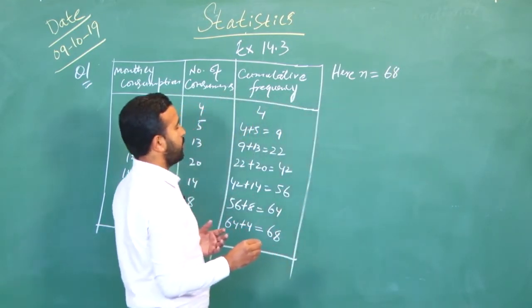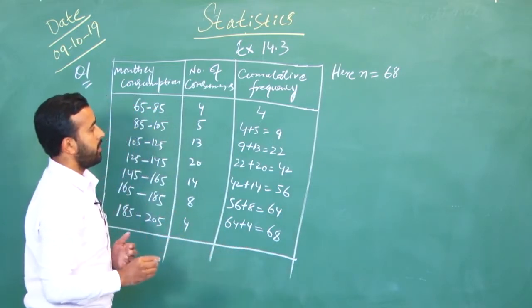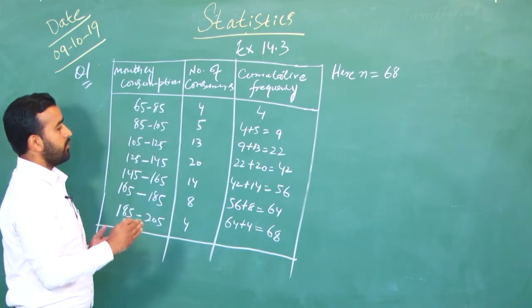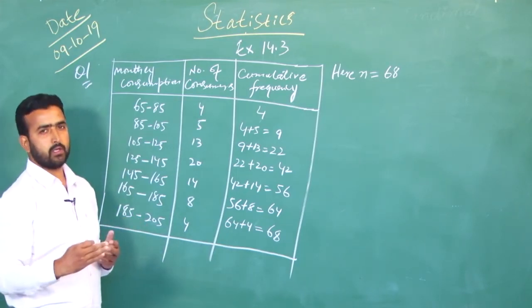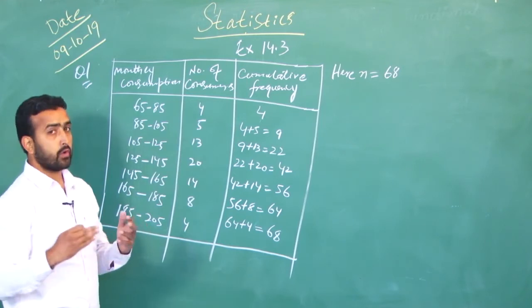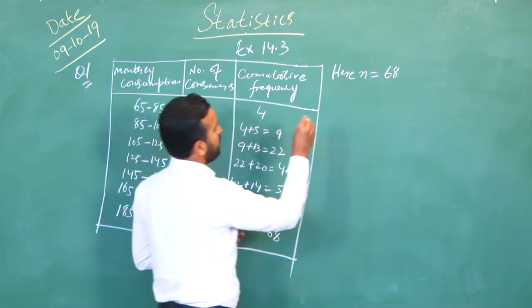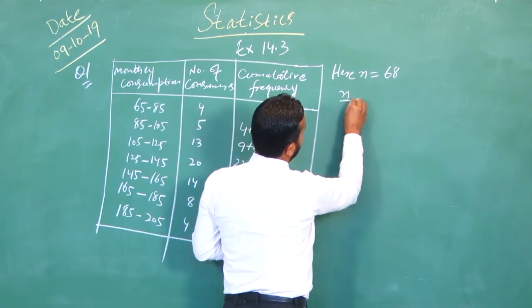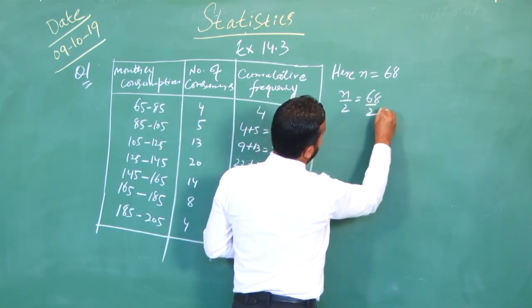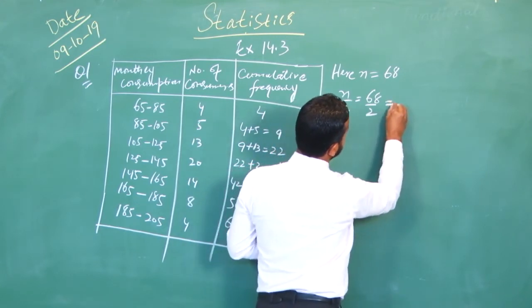As we discussed in the algorithm, we then calculate n by 2, because n by 2 will help us find the corresponding median class using the cumulative frequency. So n by 2 is 68 divided by 2, which is equal to 34.